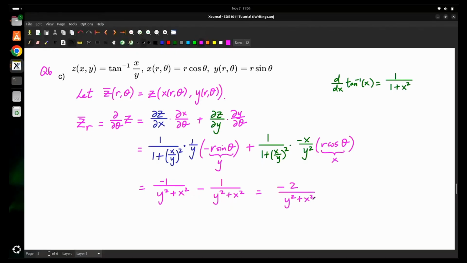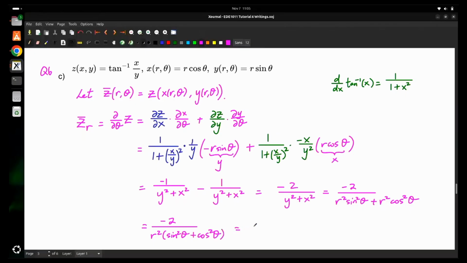But y square plus x square is r square, what? This is minus 2 over r square sine square theta plus r square cosine square theta. I mean you sub in. Then this is minus 2 over r square, then you get sine square theta plus cosine square theta.